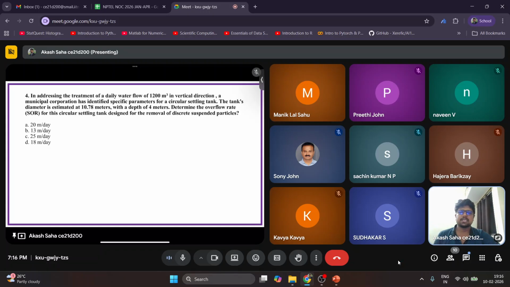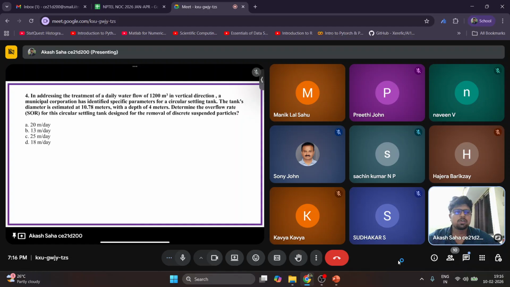So we have a circular settling tank and the diameter and depth is already given. The volume of daily water flow is also given, that is 1200 meter cube per day. So what is the overflow rate or the surface overflow rate, SOR? What is the surface overflow rate? So it's a one line answer.